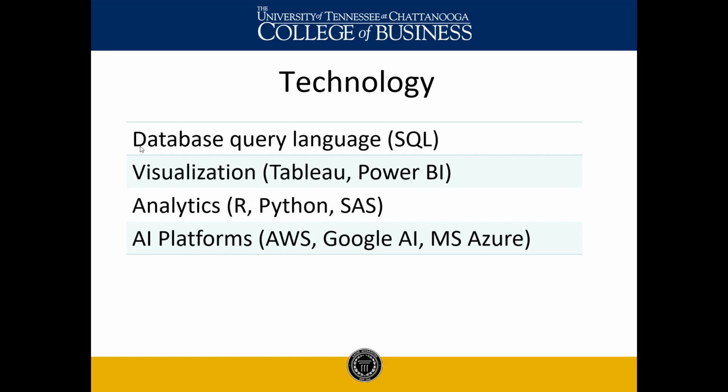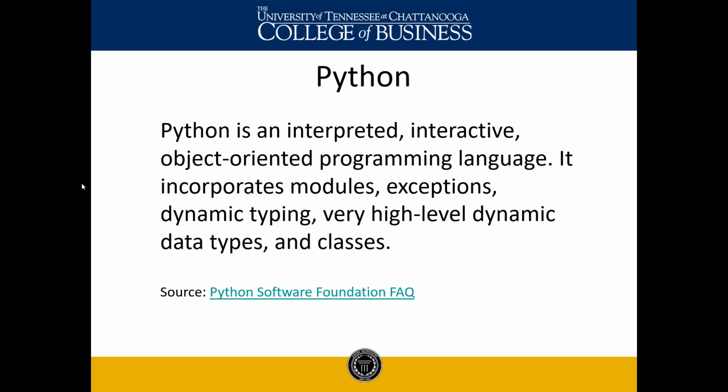And if you know what you're doing, then these are very powerful platforms to develop models. So these are the kinds of technologies that we will be using, only Python, and our focus is going to be on data preparation.